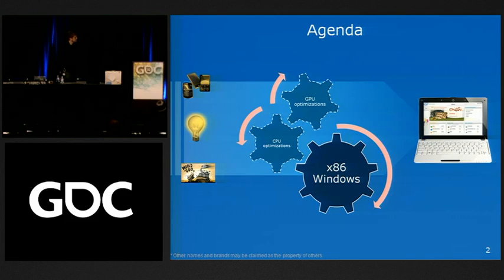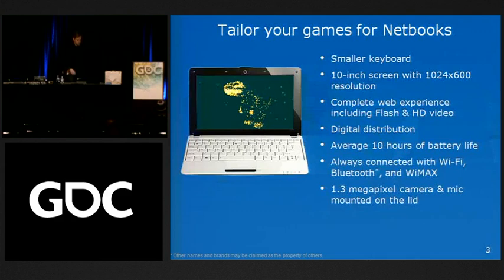So what we'll cover in this session is basically around Windows netbooks. We'll cover some CPU optimizations, some graphics optimizations specific to netbooks, and then we'll also tell you how to get your game out there for all the millions of netbook users. So let's get going.